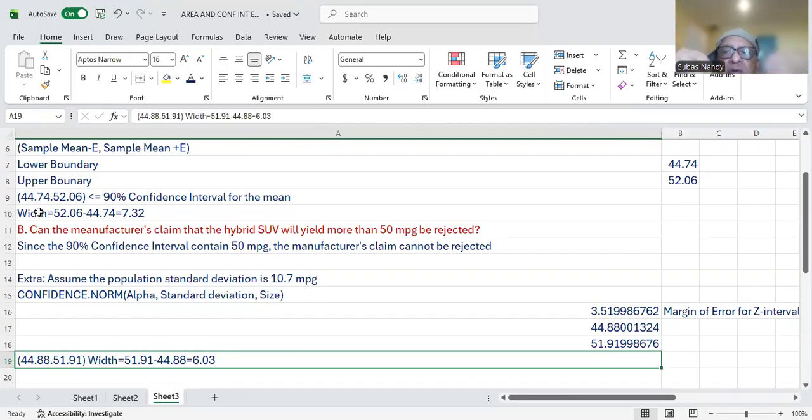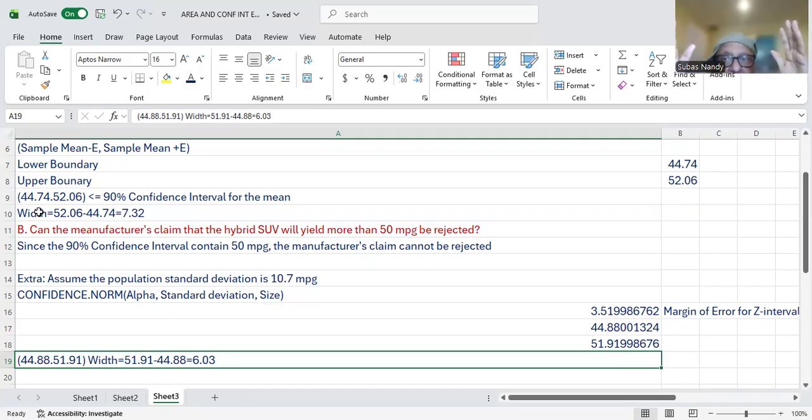The reason is the population standard deviation is not known. For the Z interval, assuming the population standard deviation is known, the interval is shorter because we are sure about the population spread in miles per gallon from the mean. In part A, we are not sure, so we use the T interval, CONFIDENCE.T, which gives you the margin of error.